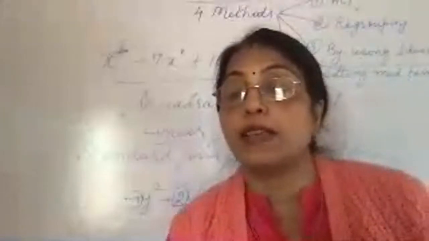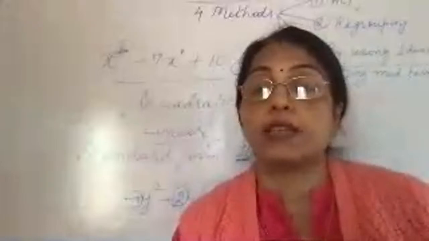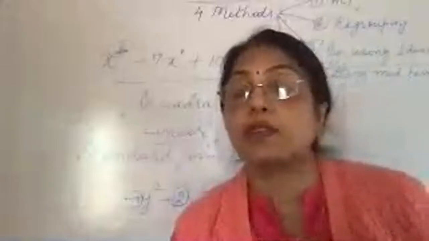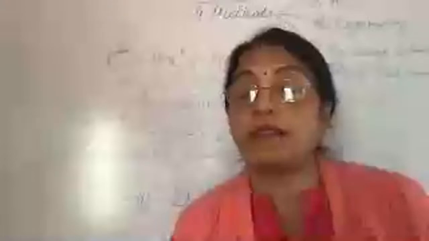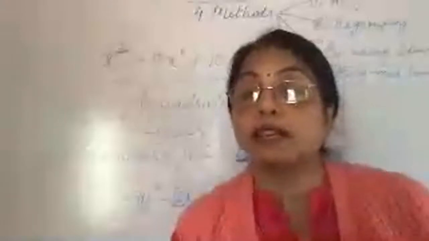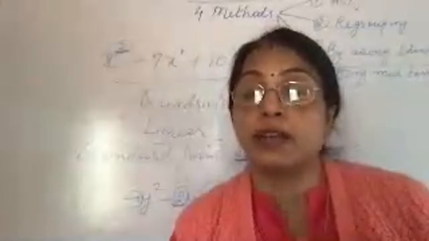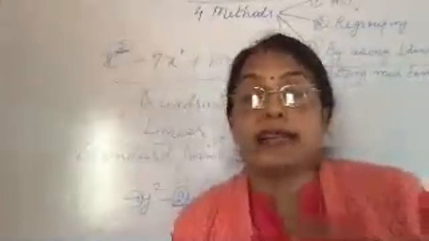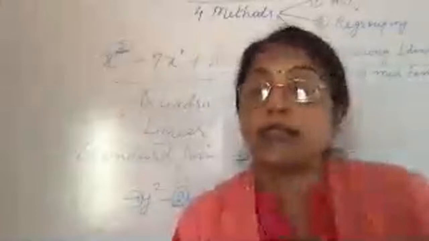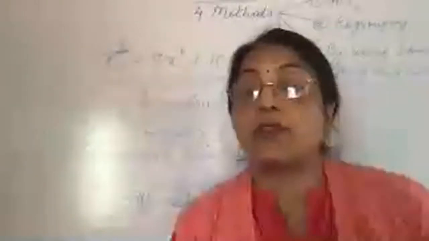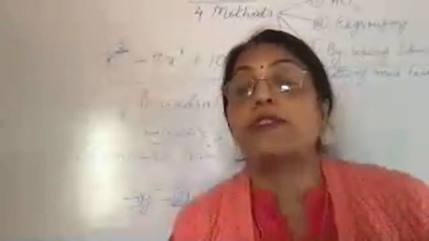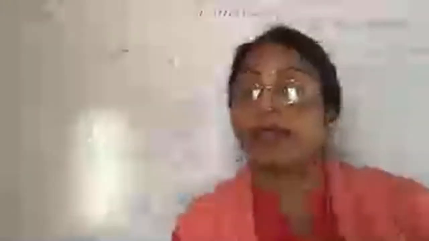Understood, Prachi? Then we check regrouping. Regrouping must have 4 terms, then only you regroup, or 5 terms, then you arrange the terms so that you can take common. Clear? Same way, identities also. Third is identity. You check whether it is in the a plus b whole square form or not. If it is not, then we apply splitting the middle term.